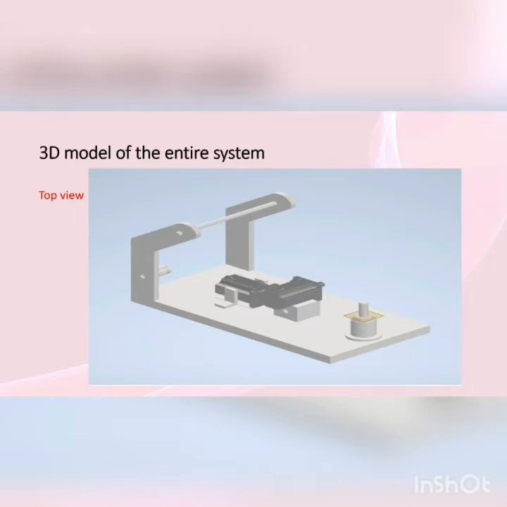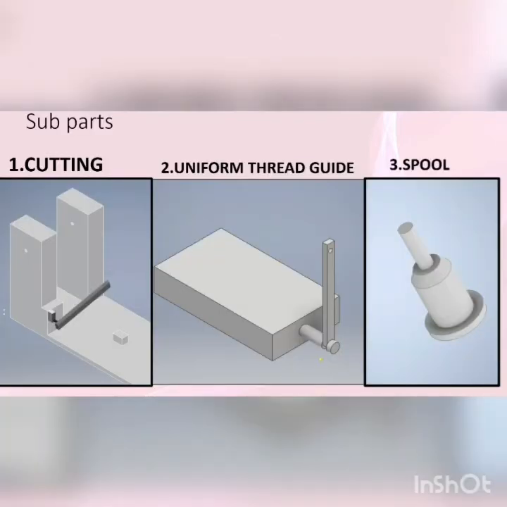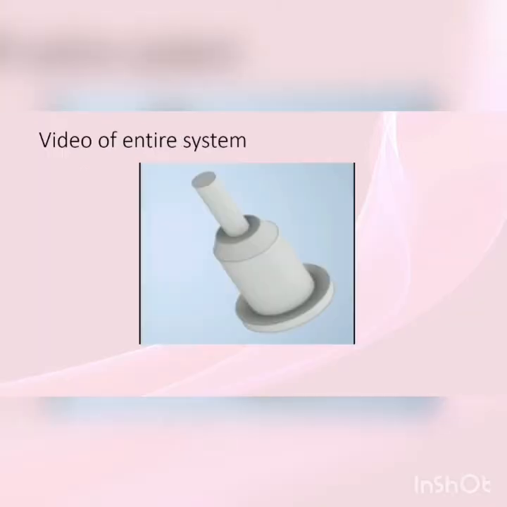This is where the reel unit will be mounted, and these are the motors which will help in cutting and also uniform thread guiding, and this is the spool unit. This is the side view of the model. We identified the different subparts we need. The first one is the cutting unit, second one is the uniform thread guide, and the third is the spool.